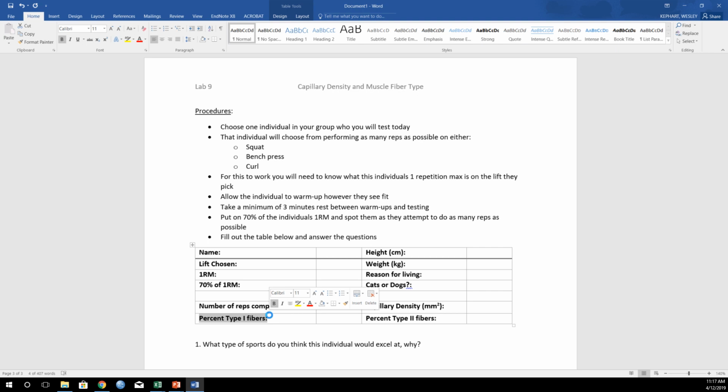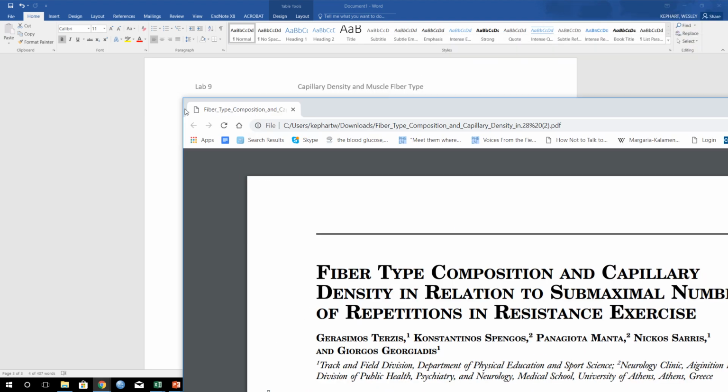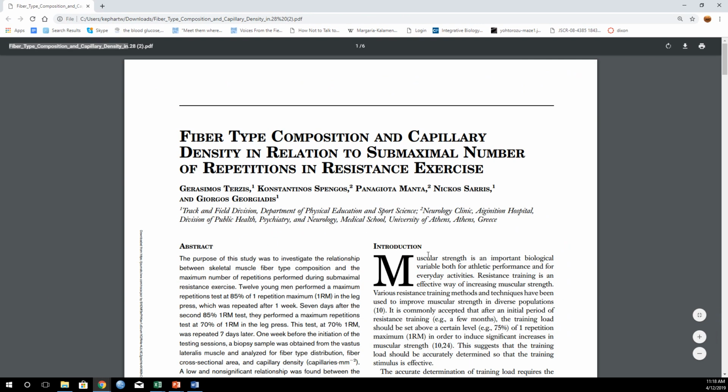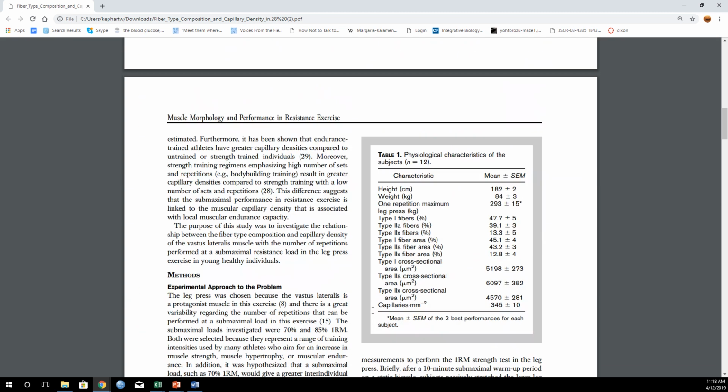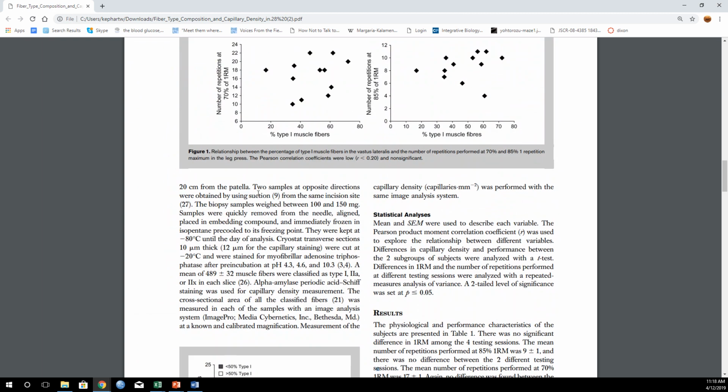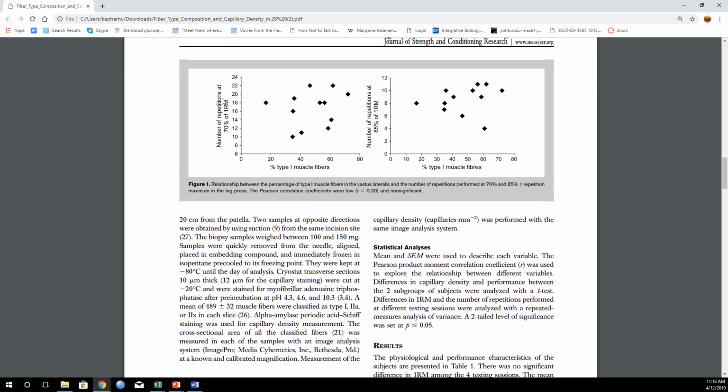Now, this I'm only going to give you in the video. I'm not going to talk about this in class. Hopefully this helps. I found this paper a little while ago. It was 2008 and it was out of Athens, Greece, so some good research. They actually measured muscle fiber type and capillary density for individuals lifting 70% of their 1 rep max and 85% of their 1 rep max.